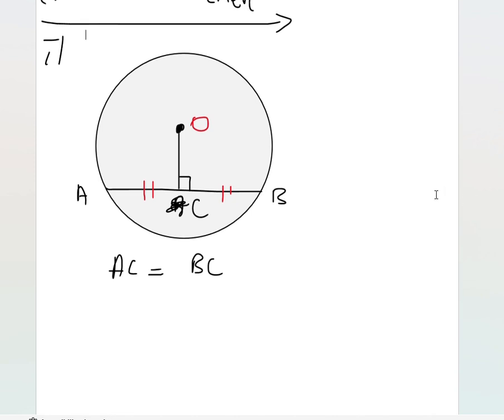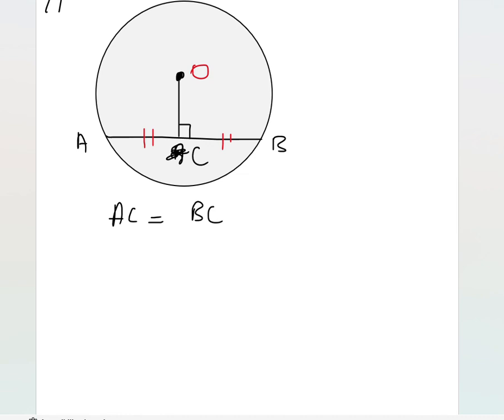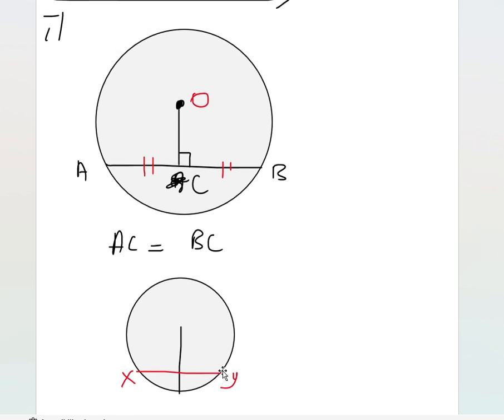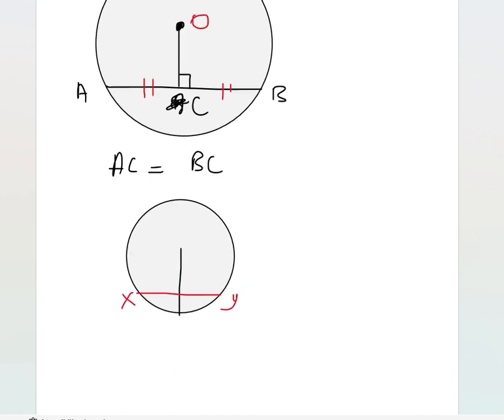And the reverse is also true, right? So for the converse of this theorem, we're going to have a circle again, and this time we're going to have more or less the same. Let's say here we've got point X and here we've got Y, and let's say this midpoint here is Z and this is O. Okay.